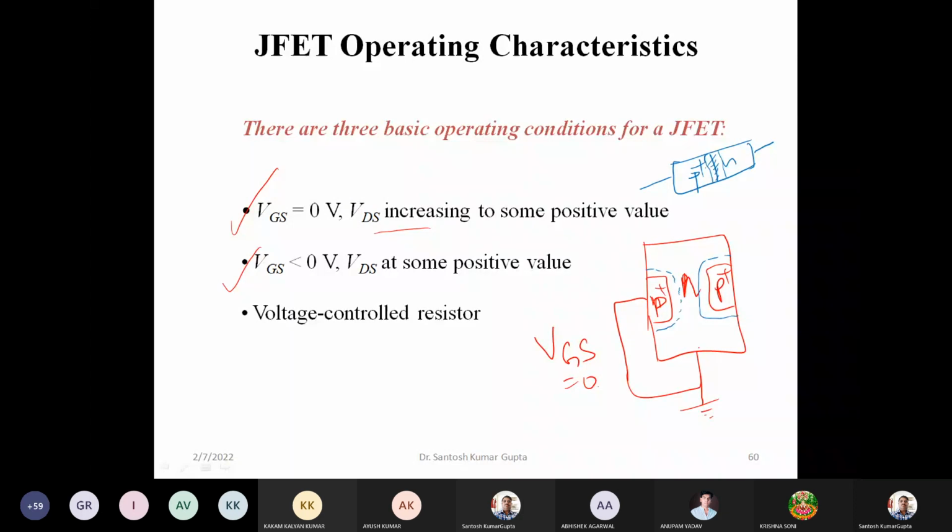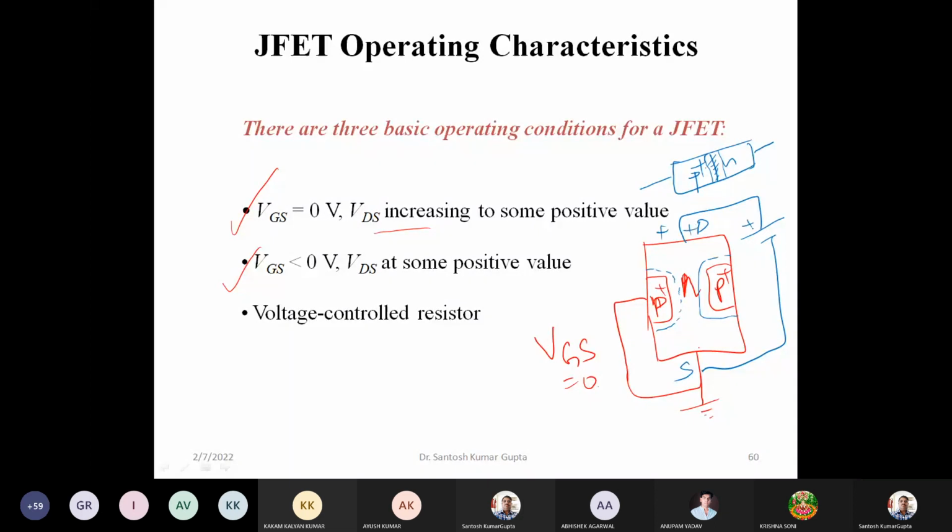Now under such a situation, if one applies a voltage difference across this N channel, which we call drain and source, as already discussed, then this will establish some external field.